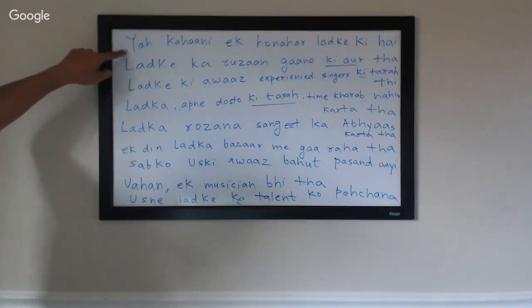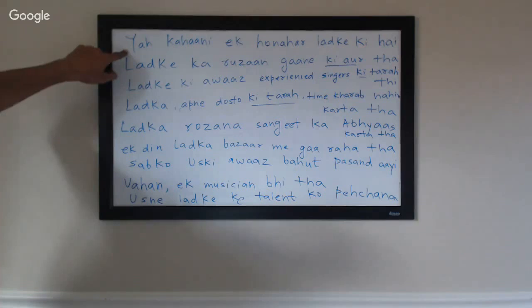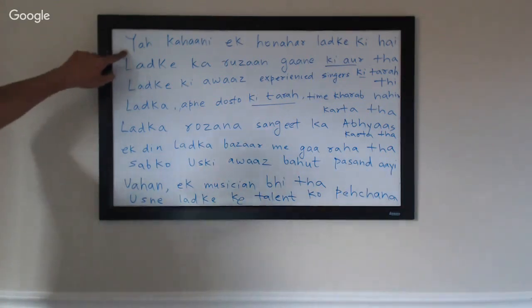Try it, no negative marking. And if anything is not clear in the sentence, tell me which one. I think you're muted, Liz. We cannot hear you. Yeah, much better.